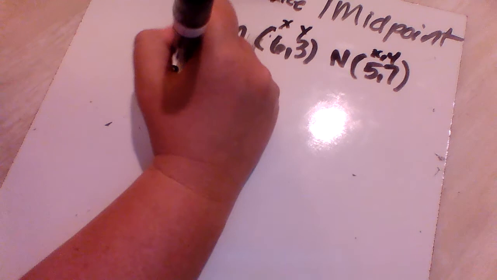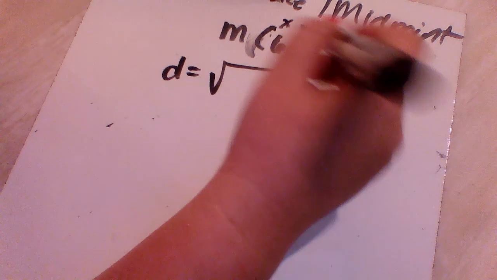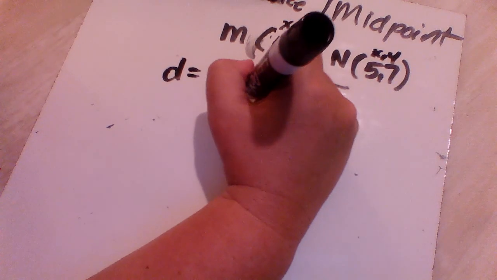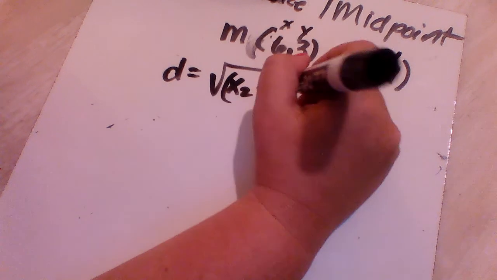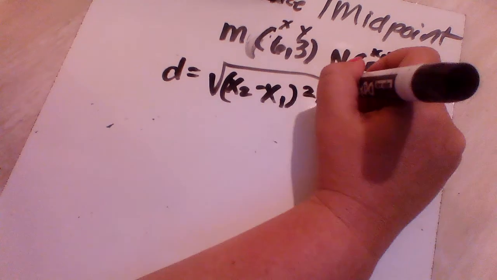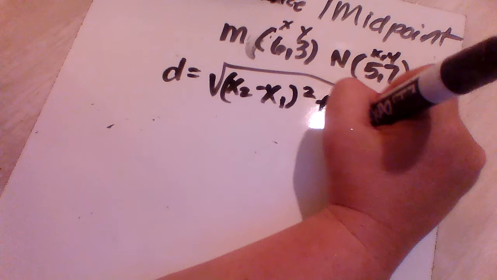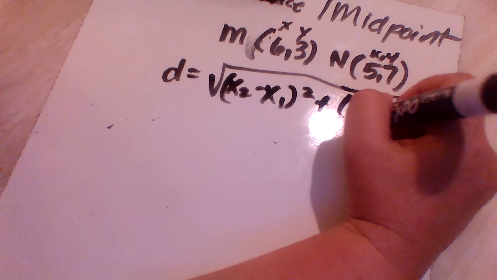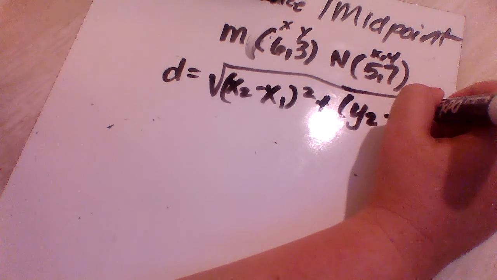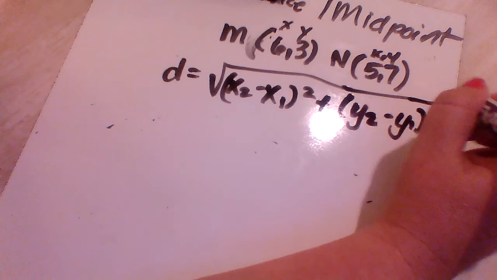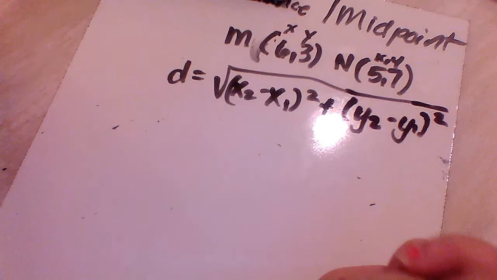So we're going to use that same formula. D equals the square root of (x2 minus x1) squared plus (y2 minus y1) squared.